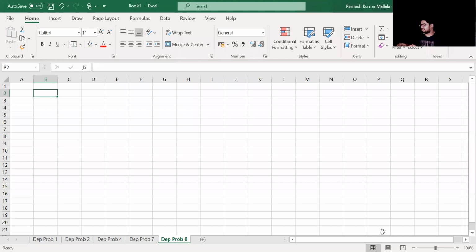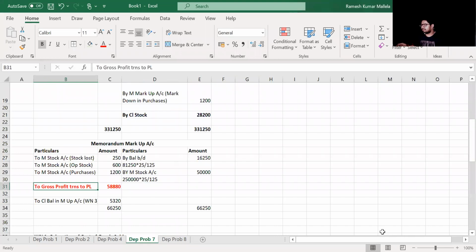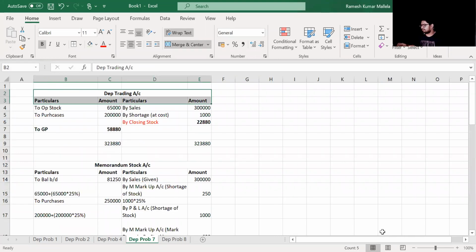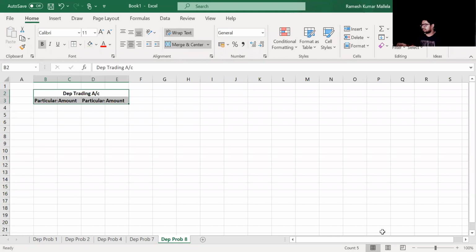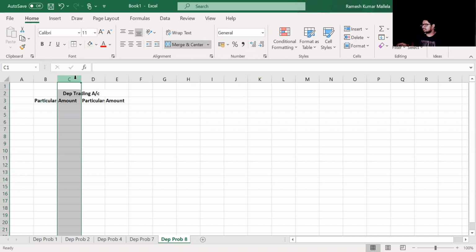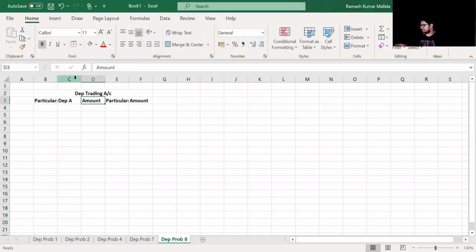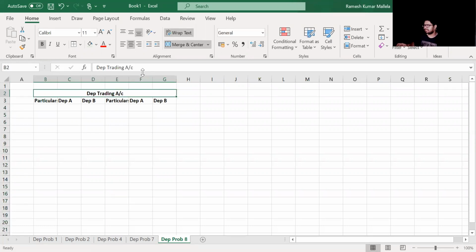So start with departmental trading account. Okay. I would take it as two columns. One is for department A, second is for department B. Okay. Same way in credit side also. Department A, B, department trading account is what we are preparing now.